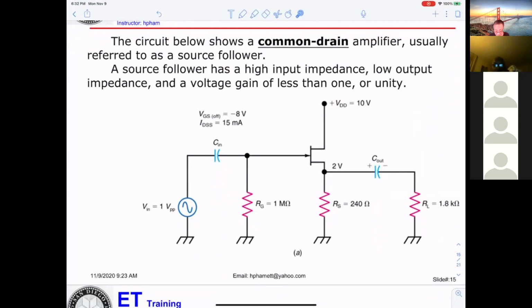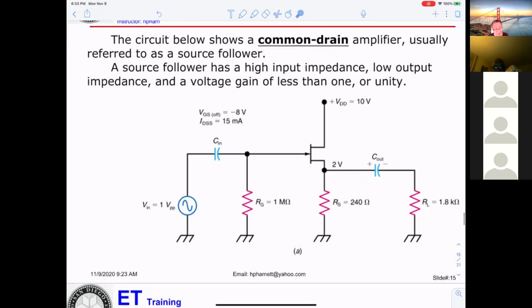On this one they also use self bias, so they must use something here: VS equal 2 volts. You also have the load resistance equal to 1.8K. Input and output will be in phase.